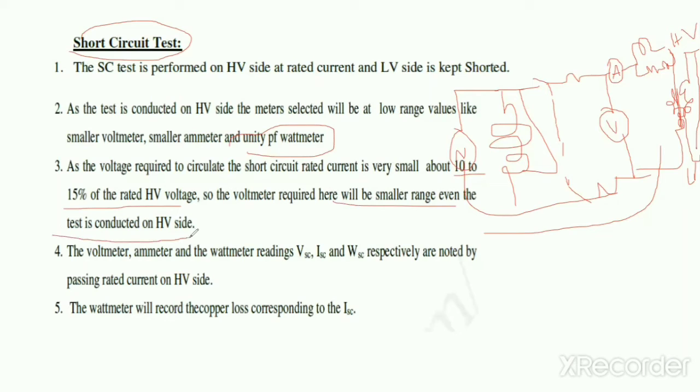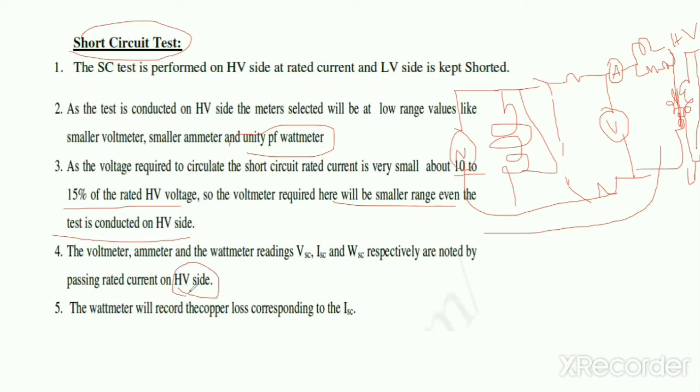Even though this test is conducted on the HV side, meaning the high voltage side, the low voltage side is short circuited. The voltmeter, ammeter and wattmeter readings, that is VSC, ISC and WSC, are noted on the HV side.